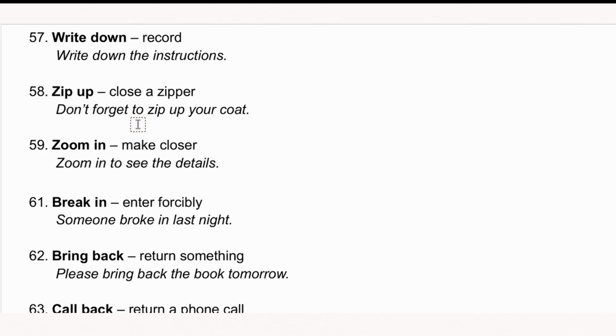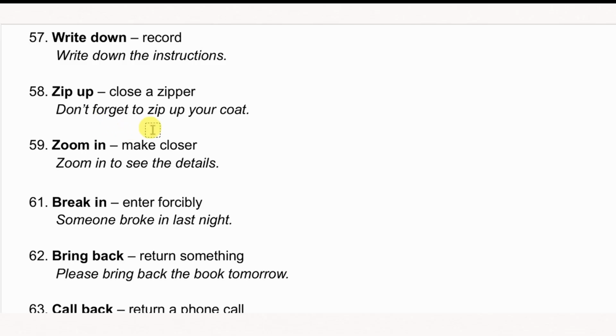A zipper, we can find it on your trouser, especially for male trousers. Even some women trousers have zippers. On your jacket, you can have a zipper. On the school bag, there is a zipper. Handbag, we have zippers almost everywhere.